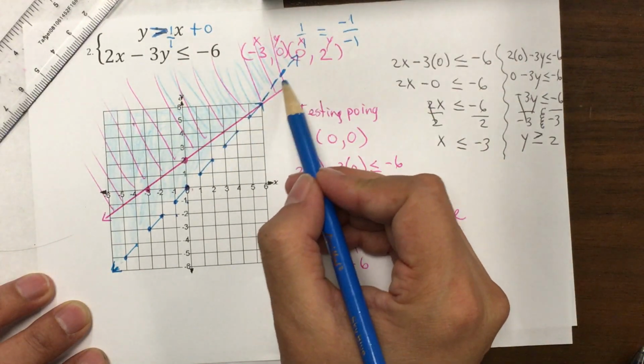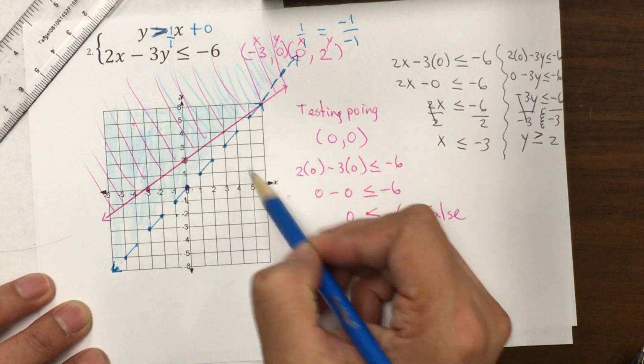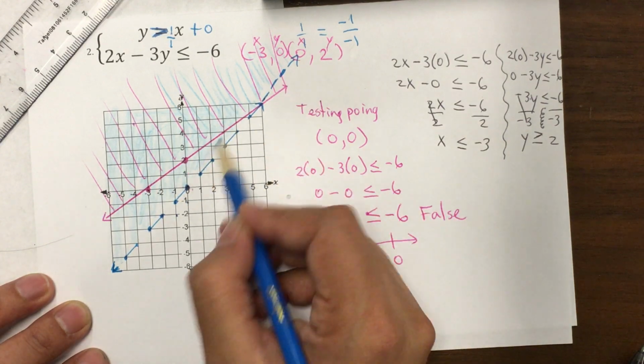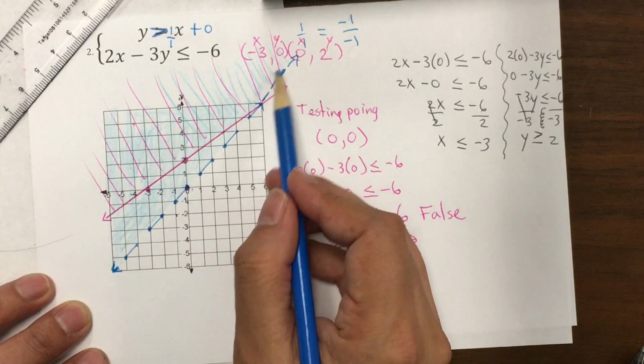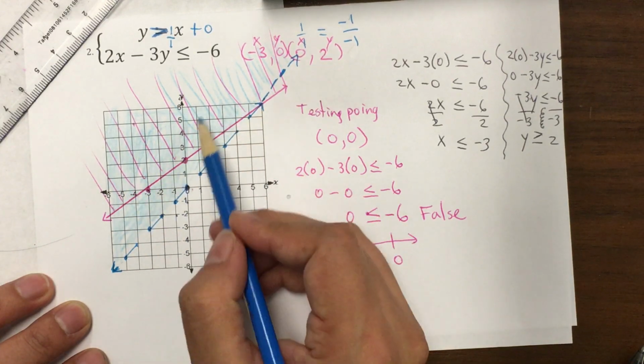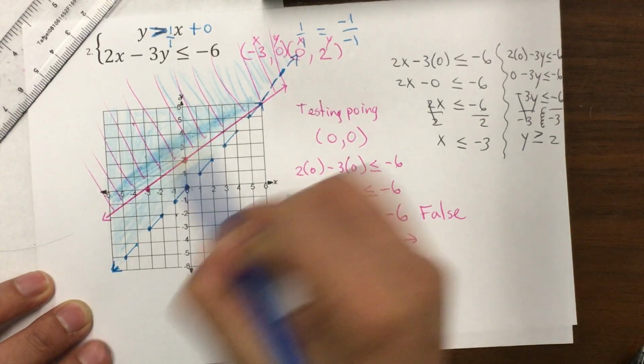If you notice in here, I only have pink in this little section. In here, I only have white. In here, I only have blue. And in here, from here, I have pink and blue. So this is the true solutions, okay?